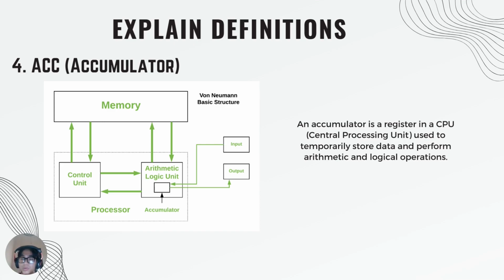An accumulator is a register in a CPU, the central processing unit, used to temporarily store data and perform arithmetic and logical operations. It's a fundamental component in many computer architectures and plays a central role in arithmetic and data manipulation.